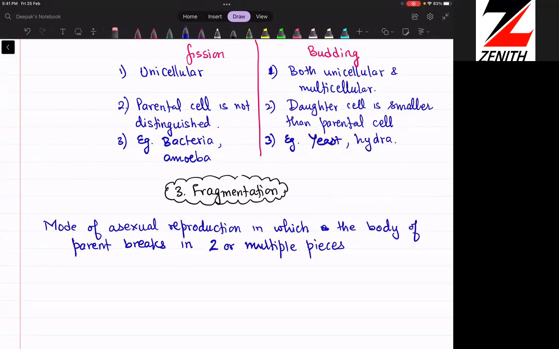In planaria it breaks into two pieces and then each piece grows into a separate offspring, right? Into two or multiple pieces, and then you have to define that each of which grows and produces a new offspring.